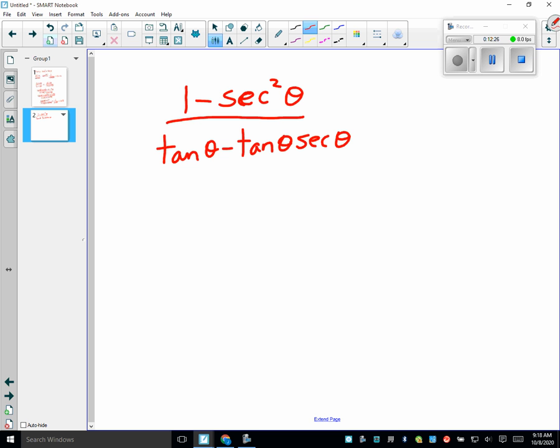I can change everything to sine and cosine, but it's going to get ugly because it's going to put fractions and fractions in it. So I'm going to try to not do that. But that's one way to do it.